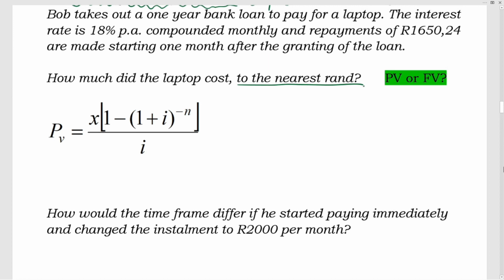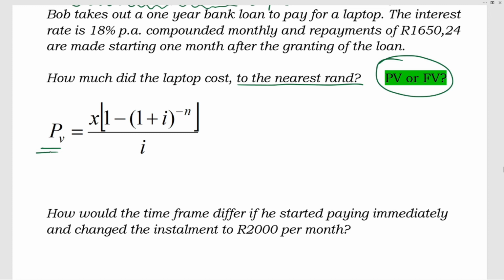Right, so I'm going to ask the question PV or FV again, and obviously you can see exactly what I'm planning on doing. I'm planning on using PV, but why? Where is the lump sum? Is it coming sometime in the future because of payments that are being made now? Or do I have the money now and then I'm going to be paying in the future?